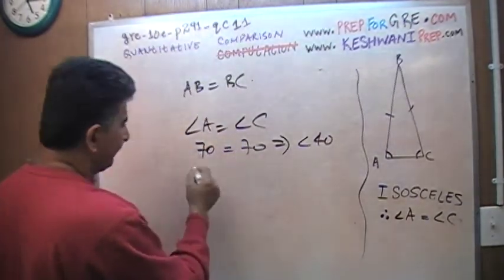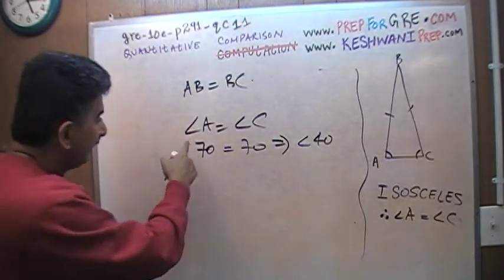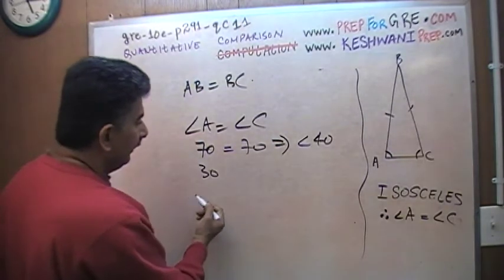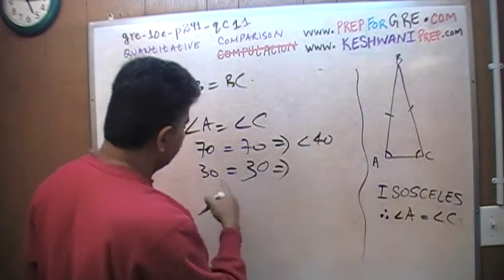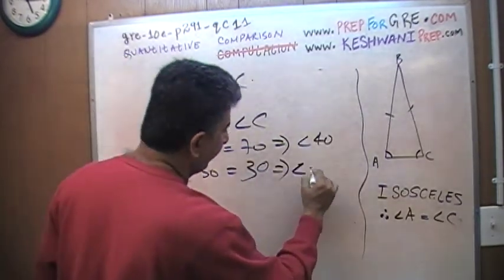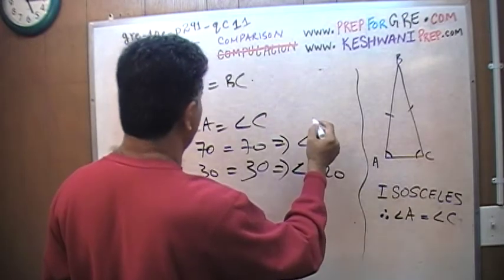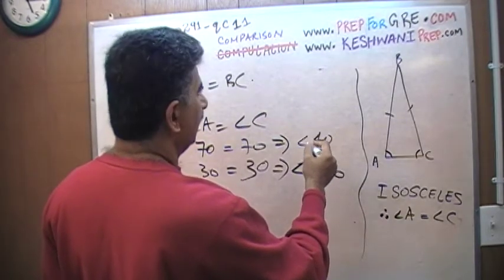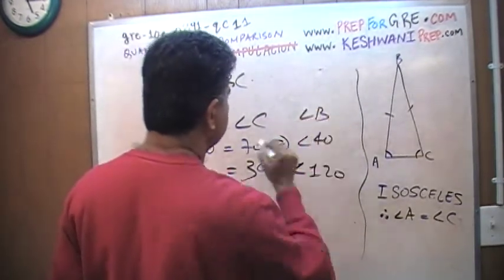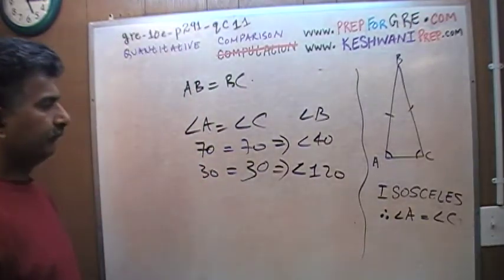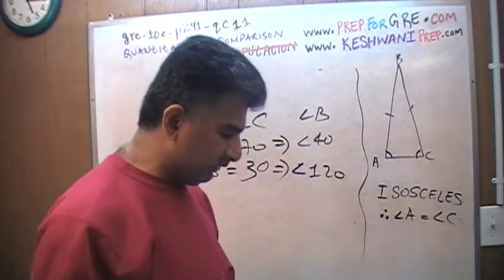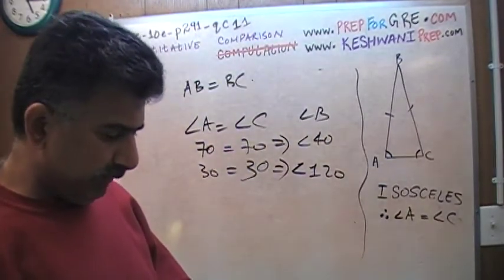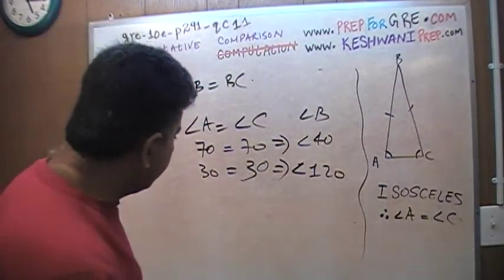If it turns out that angle A is 30 and angle C is 30, then 30 plus 30 is 60, and angle B would be 120. We do not know what angle B would be. It depends on the value of A and C. The answer is D. That's all. The answer is D.